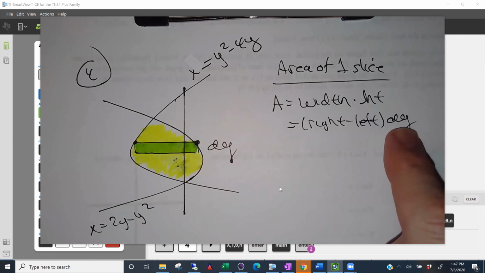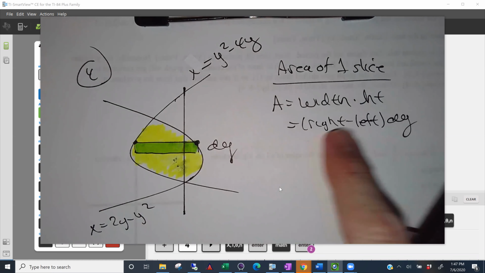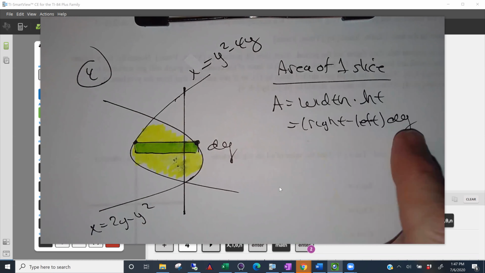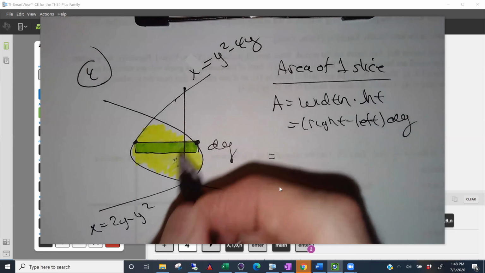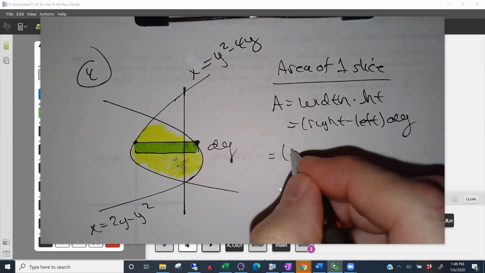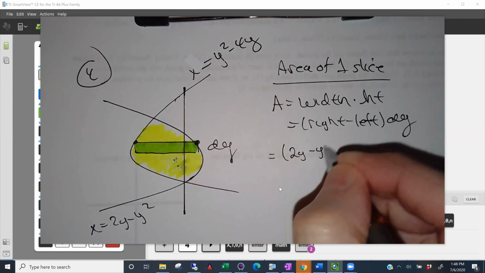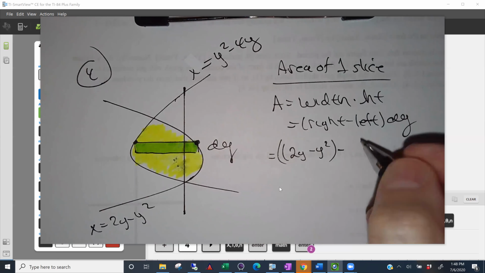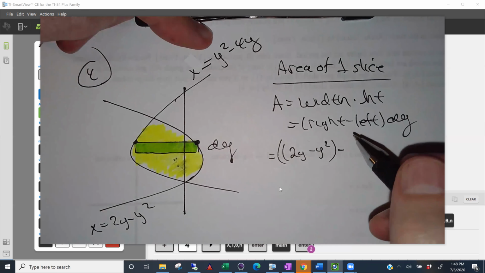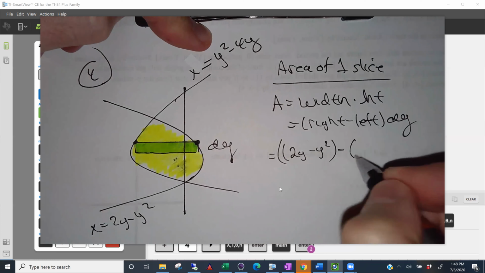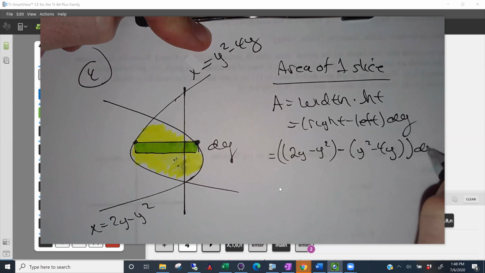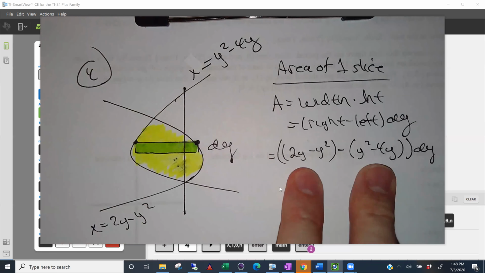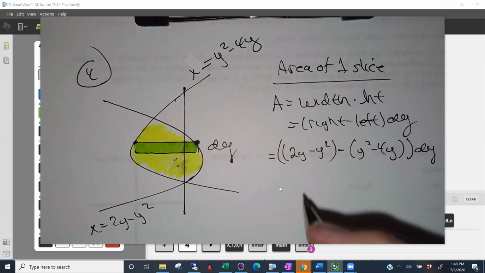But that dy is telling you that this stuff here better be functions of that same variable. Better depend on y. So the rightmost function, that's this one, 2y minus y squared, minus the leftmost function, that's this one, y squared minus 4y. If you notice, I was careful to put parentheses around both of those.